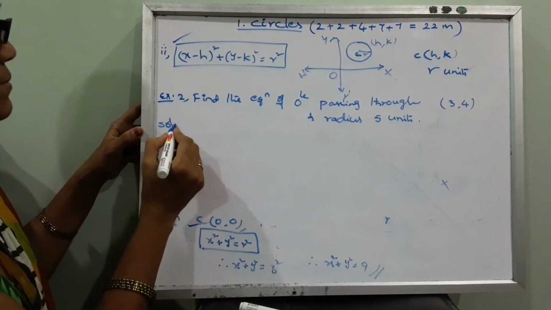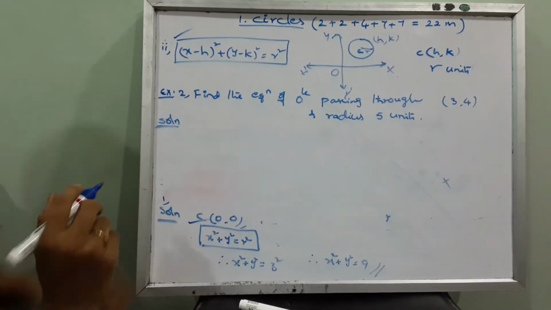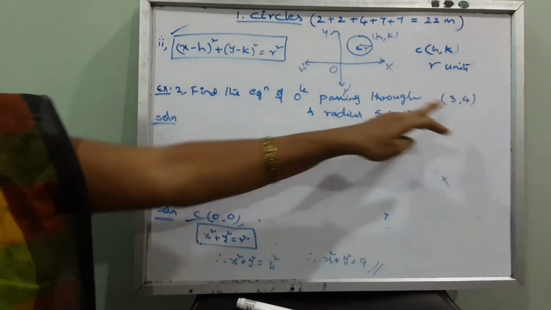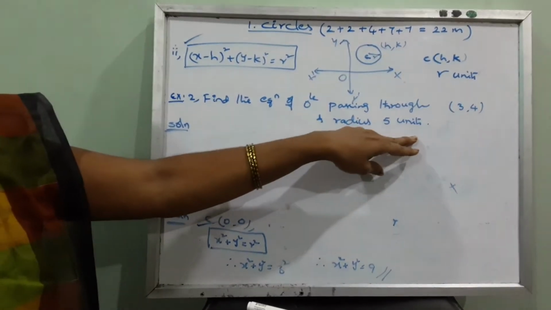Now, solution. The equation of the circle with center 3, 4 and radius 5 units.